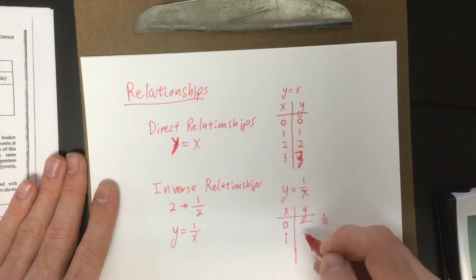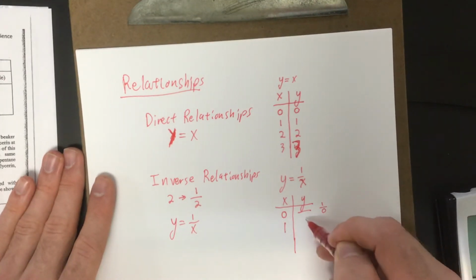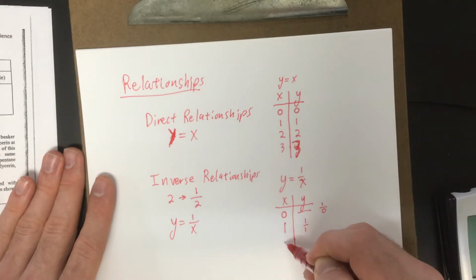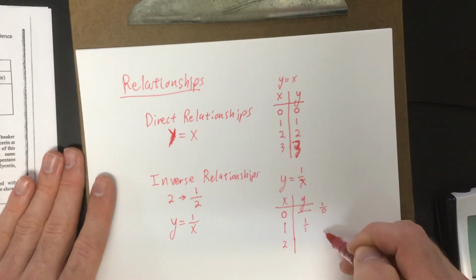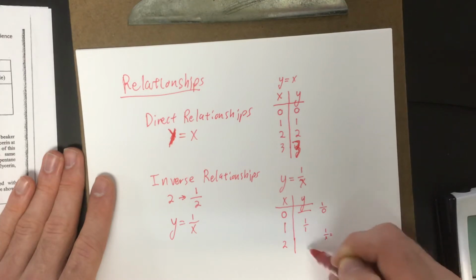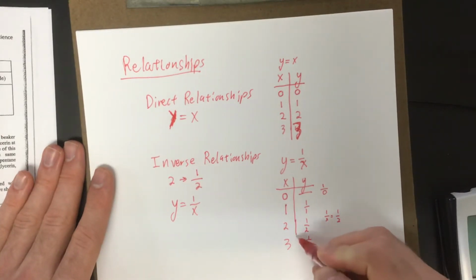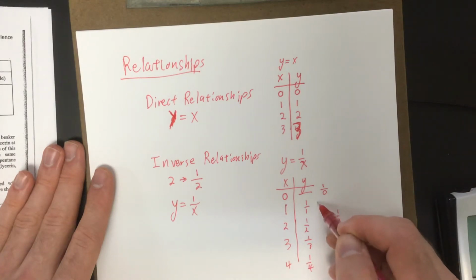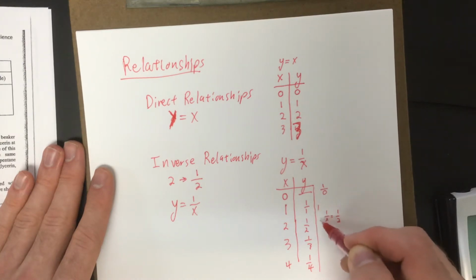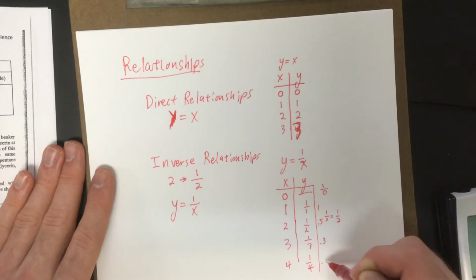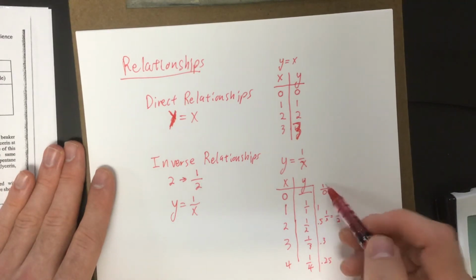And then we have 1 and 1 over 1, 2, and then we would plug in, we've got 1 over x, we put 2 on the bottom, 1 over 2, that's 1/2, 3, that's 1/3, 4, that's 1/4, and we could do the decimal equivalent, which would be 1, 0.5, 0.33, 0.25, okay?